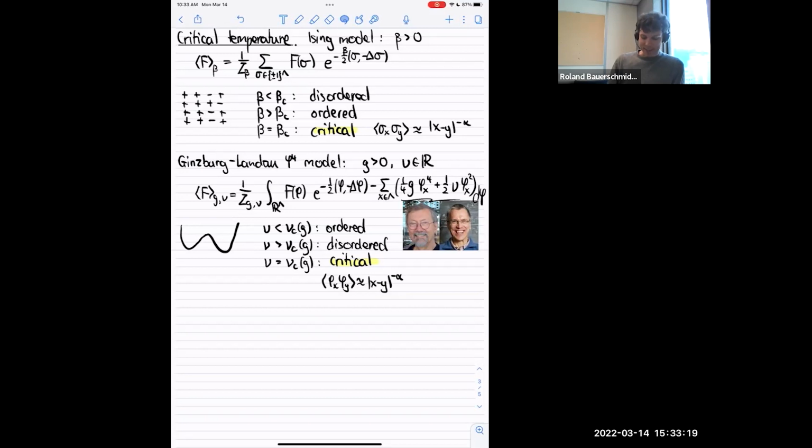Gewetsky and Kupiainen were, I think, the first or one of the first who were able to make this Wilson picture precise for these kind of critical phi-4 models, and later for many other models as well. And in that sense, their work plays an important historical role in the subject.